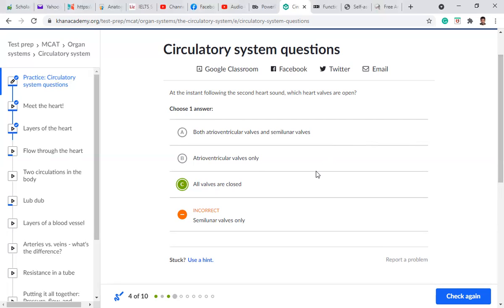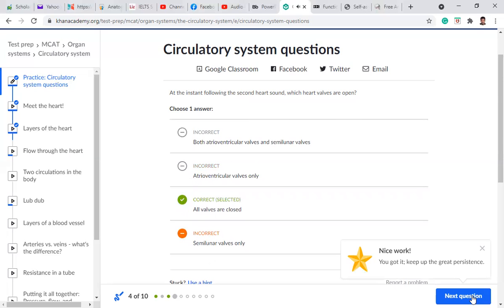When the blood is leaving the ventricle to the aorta and the pulmonary artery, the valves are open. But once the blood passes, the valves close, and then you hear that second heart sound. But they have to remain closed to prevent the backflow of blood.